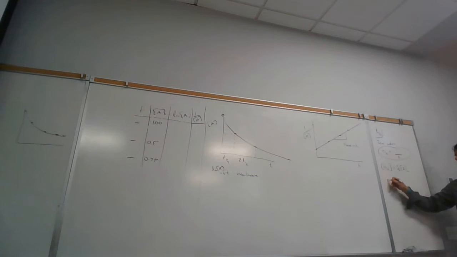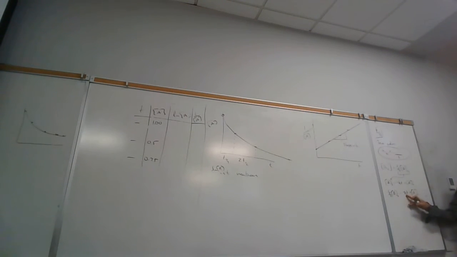[A]t is equal to minus kt plus [A]0. So we substitute it in, and we end up with 1/2 [A]0 is equal to minus kt plus [A]0.